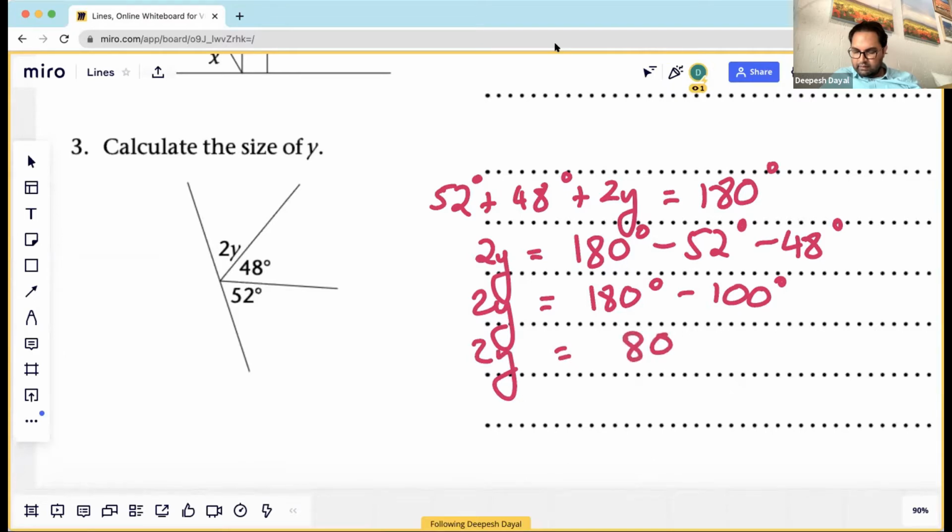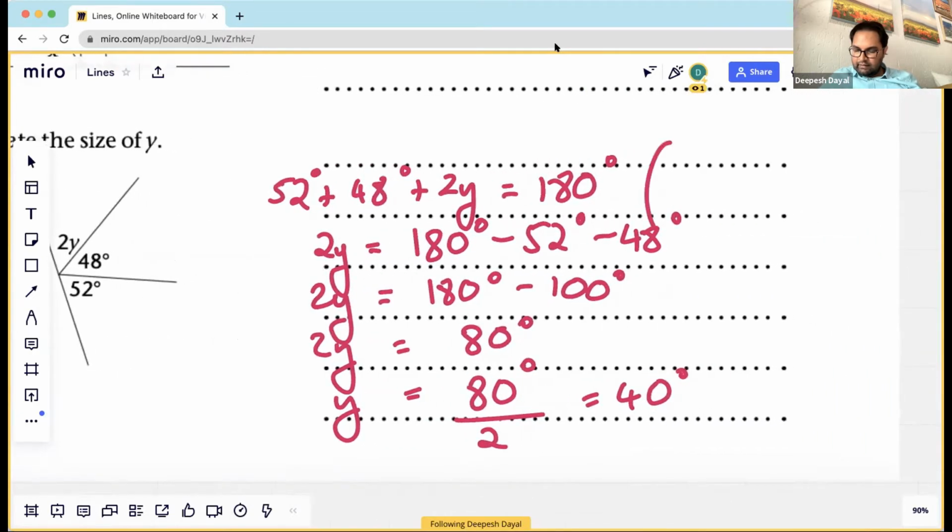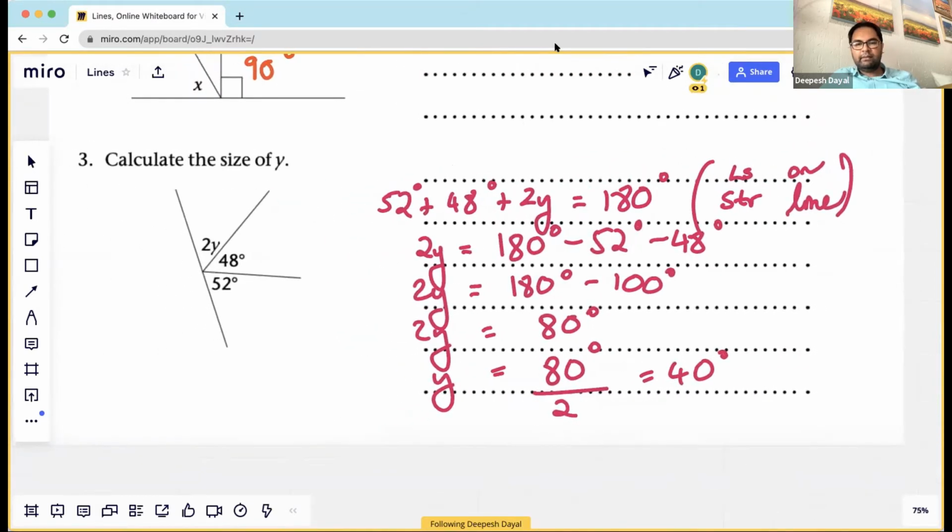And then 80 divided by 2 equals 40. This is angles on a straight line, right? Is that okay, everybody? y equals 40 degrees.